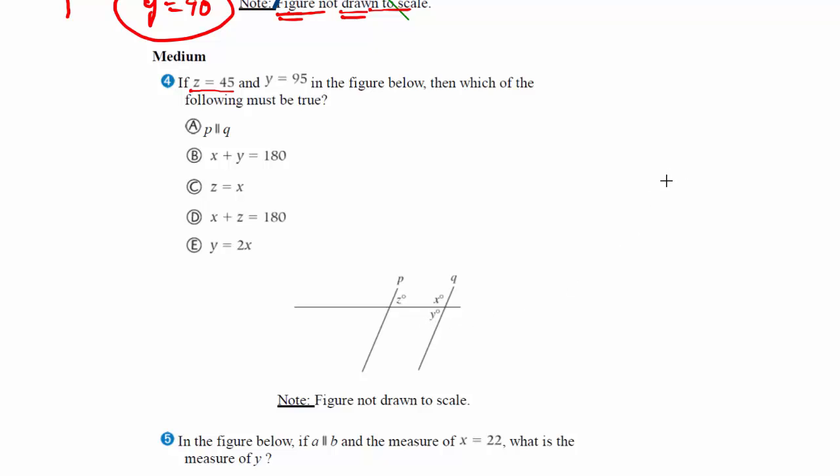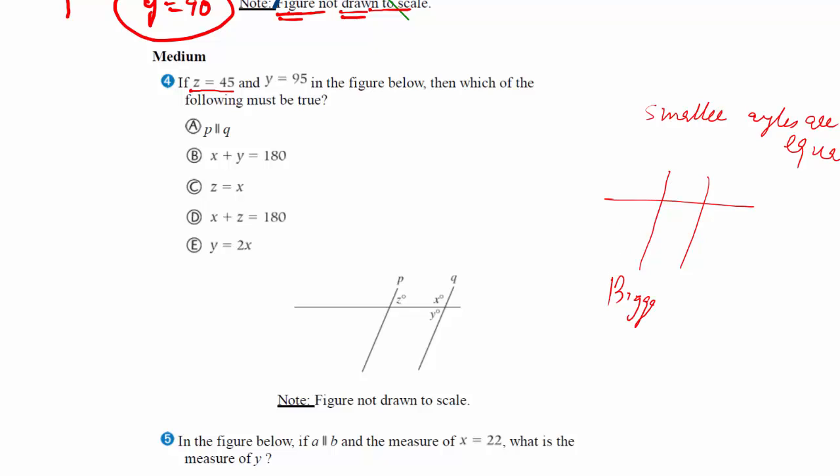Well, we know that if the two lines are parallel and there's a transversal cutting them, then all the smaller looking angles are equal, and bigger angles are equal.